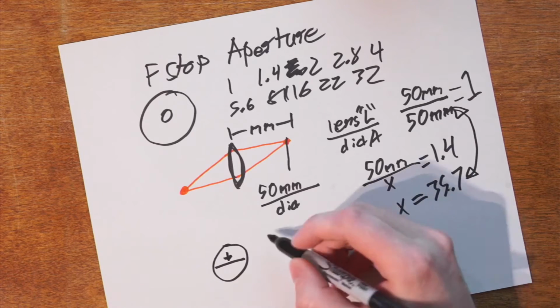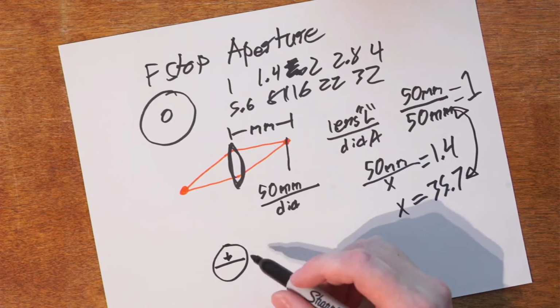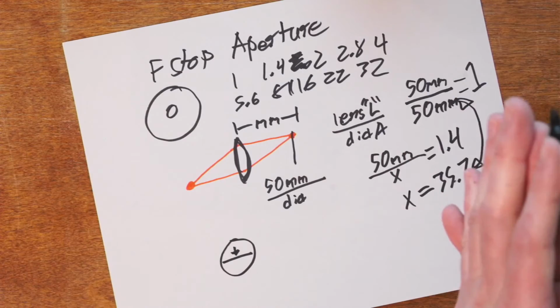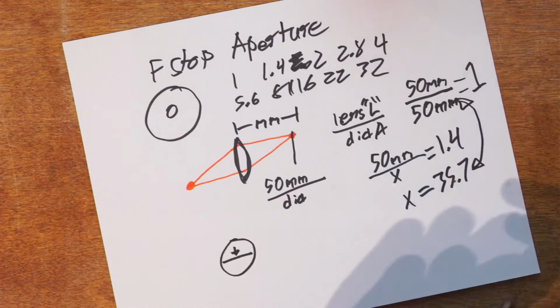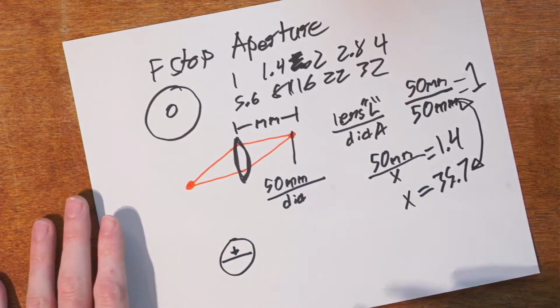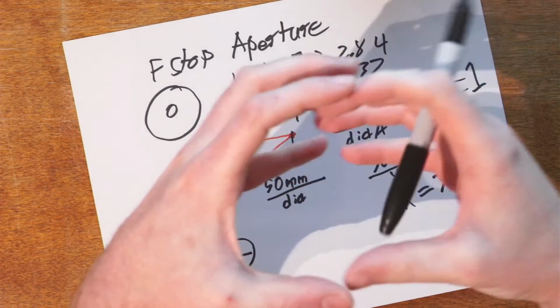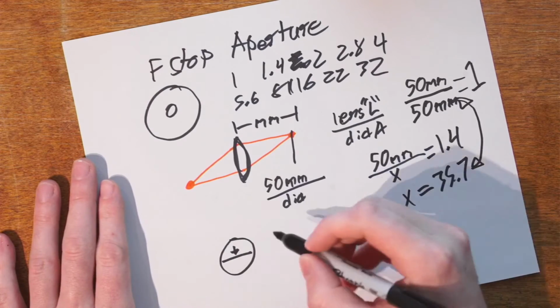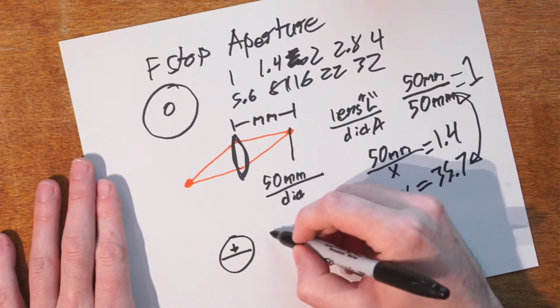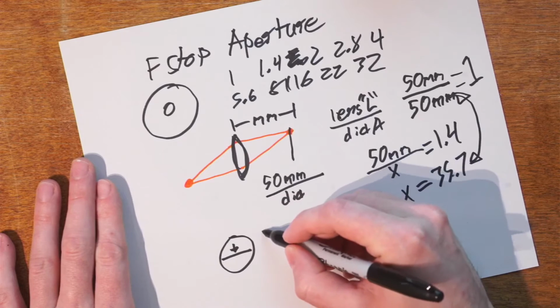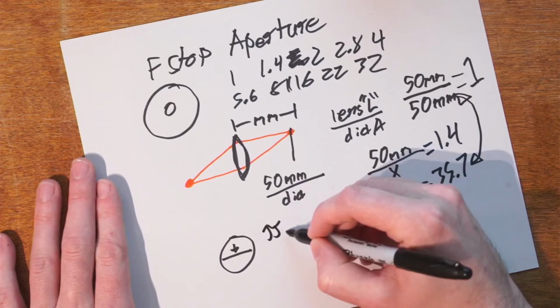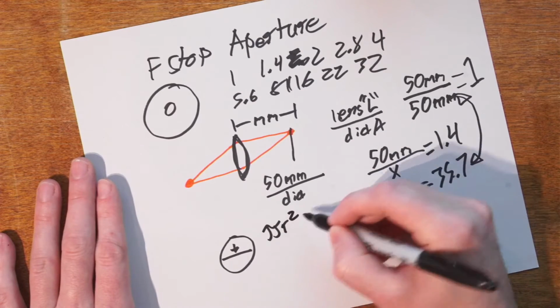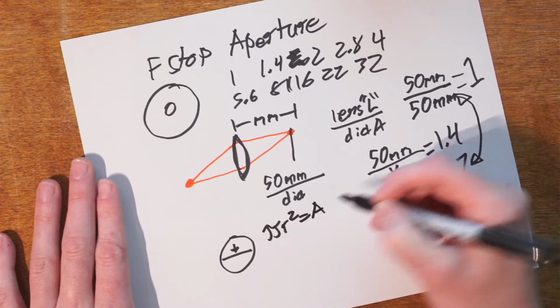Now, if we remember, light is going to come in on an area of our circle, not on the diameter of our circle. When we open up this hole, we're increasing the area of it. So what we do is this is pi r squared, so pi r squared equals the area.